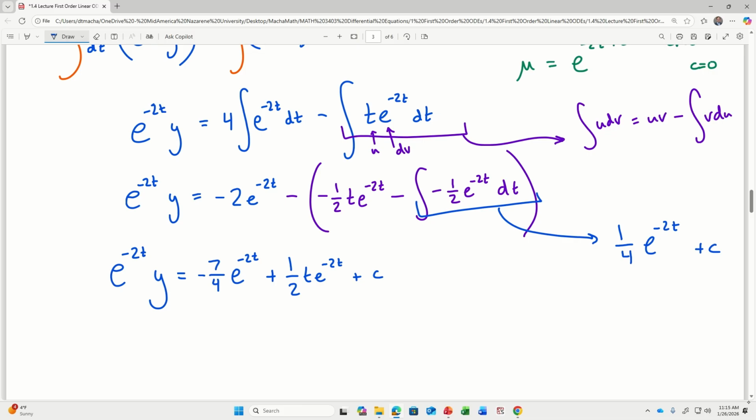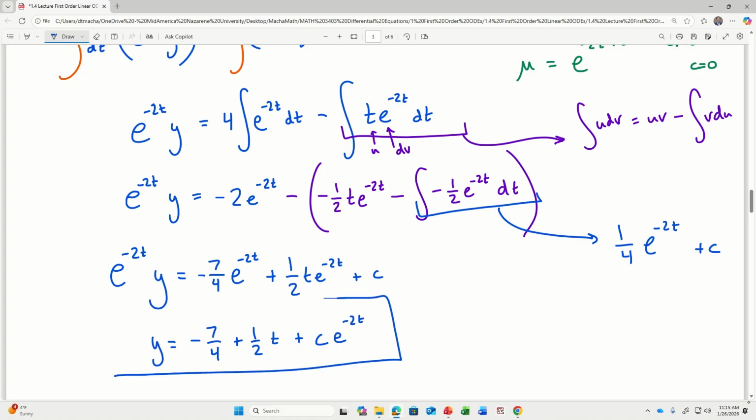plus c. And then the last thing to do is just solve for y by multiplying both sides by e to the 2t. And I get -7/4 plus 1/2 t plus c e to the -2t. This is the general solution to my ODE.